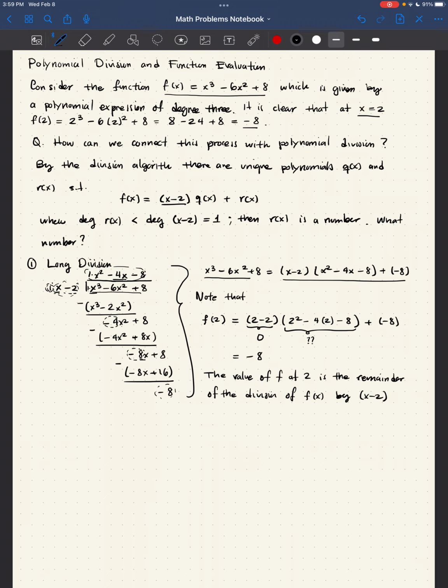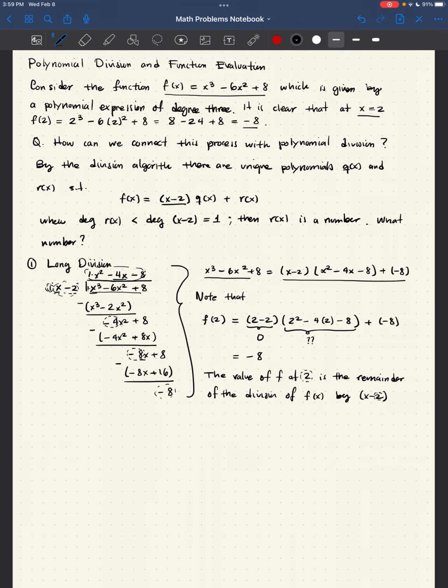Of course, this result may be extended to any value of x other than 2. There's really nothing that prevents us from doing that.